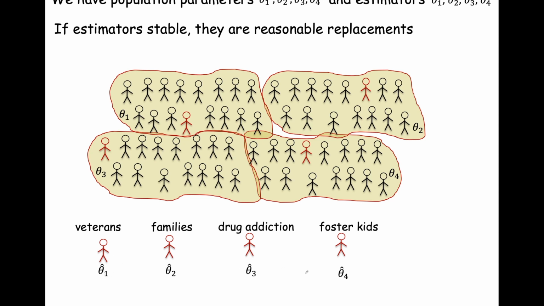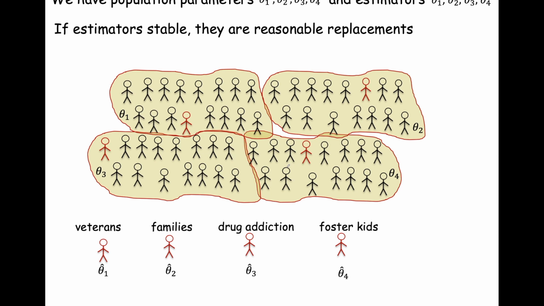The hatted version corresponds to the estimator for the ground truth population parameter, which is the unhatted version. So theta 1 hat is going to stand in place of theta 1 by computing an estimator over the homeless veterans. Likewise, we do similarly for the families, for the drug addicted, and the aged out foster kids.